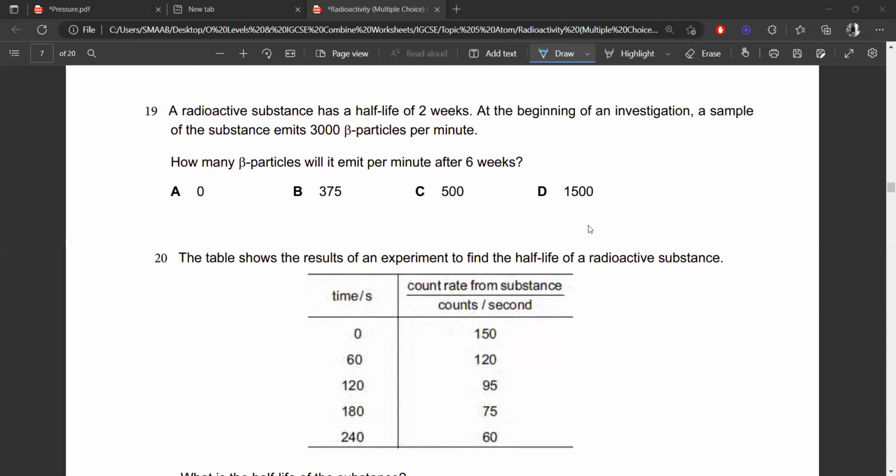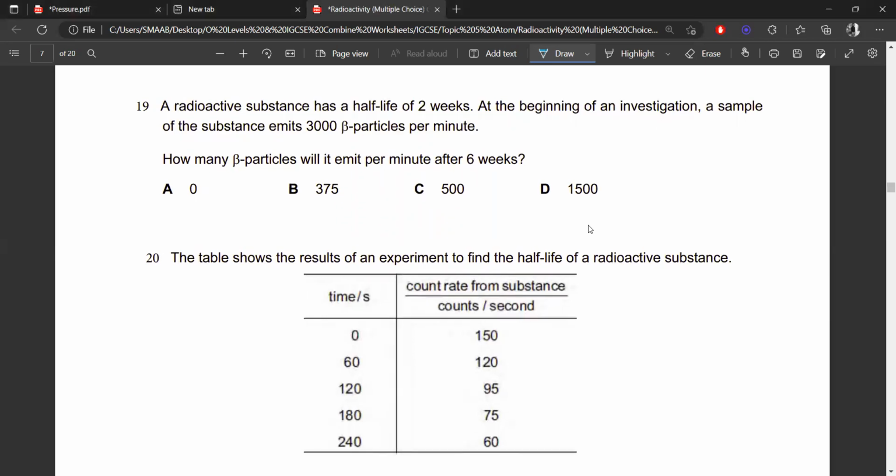Okay, a radioactive substance has a half-life of 2 weeks. At the beginning of an investigation, a sample of the substance emits 3000 beta particles per minute. How many beta particles will it emit per minute after 6 weeks?